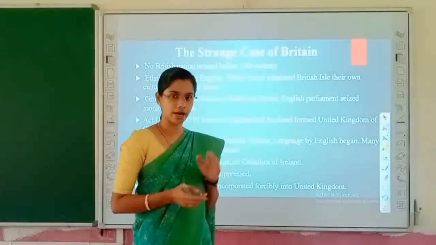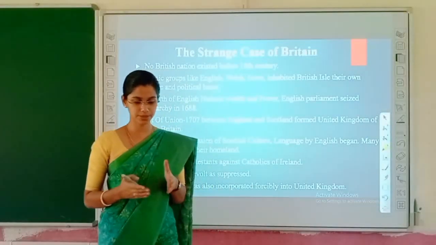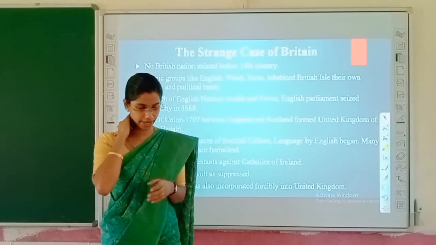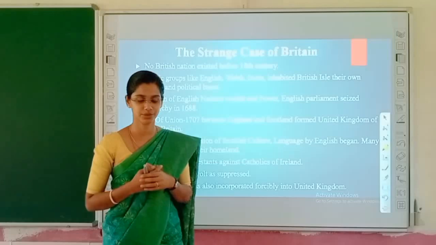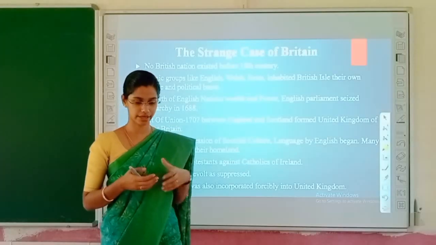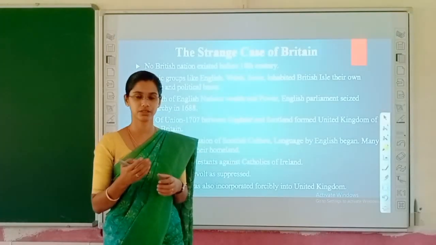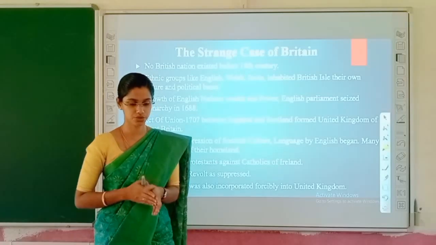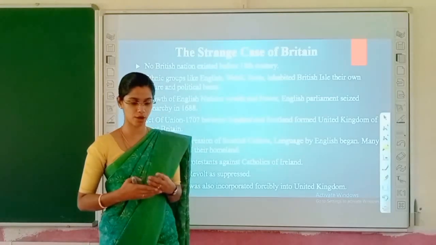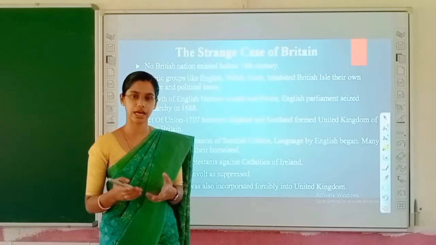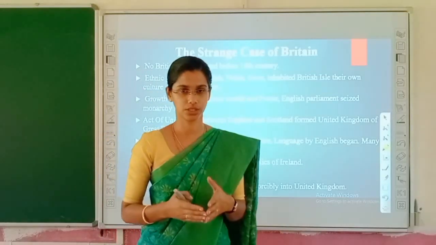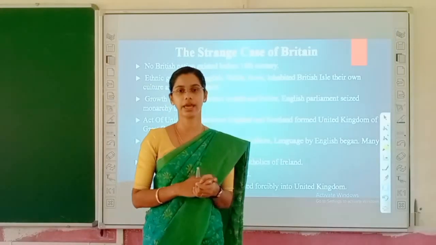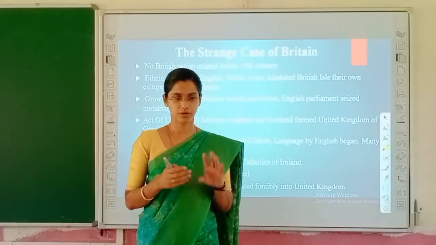There's another point: Bismarck followed the policy of blood and iron for German unification, whereas Cavour, the Italian unification leader, used his excellent diplomatic skills. These are the main points related to this unit, the making of Italy and Germany.